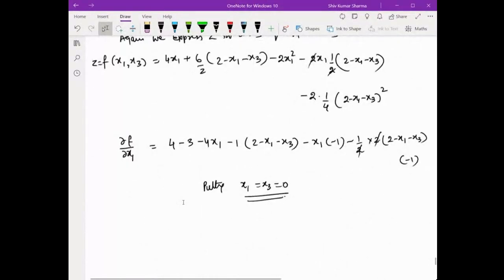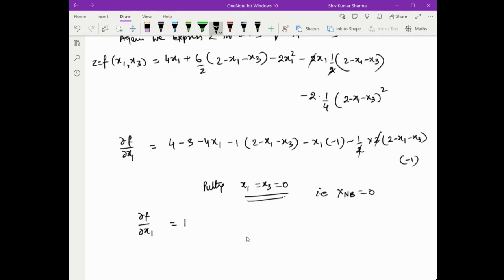When you do the same steps in each question twice or thrice, you can understand easily. So the non-basic variables are 0, and the basic are 0. So the value of del f upon del x1 equals 4 minus 3, which means 1.